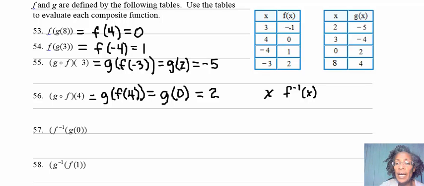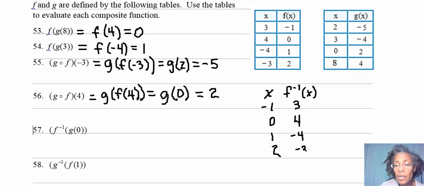Whatever my function values are in this table, these are now going to become my x values in the new table I'm making. The y values are now going to be found by using the x values of this table. So I'm simply interchanging x and y to get my new table.